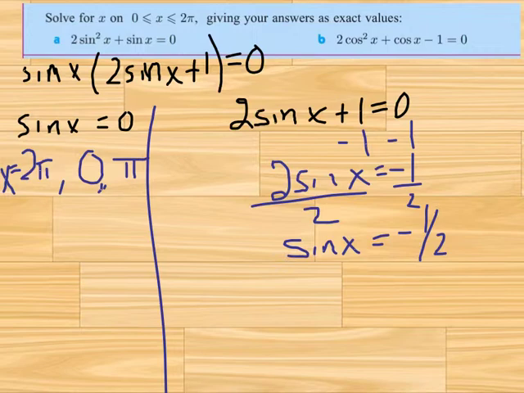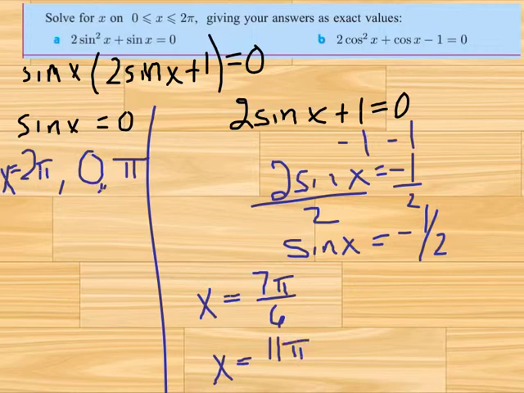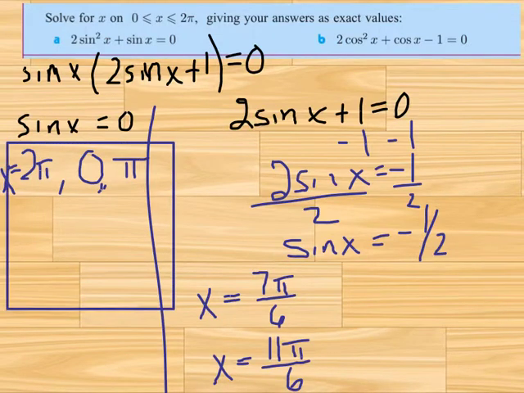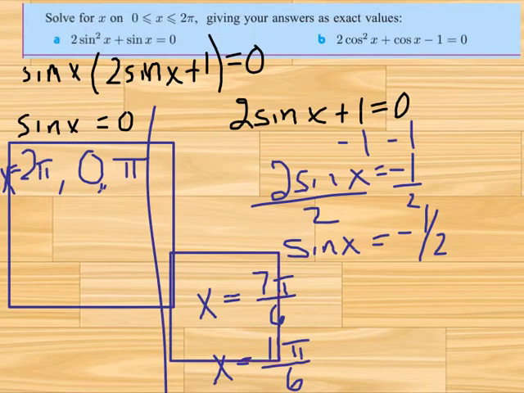Sine x equals negative 1/2 when x is 7 pi over 6, or when x is 11 pi over 6. And with this problem, there are 5 solutions. There's 3 right there, and 2 more right there.